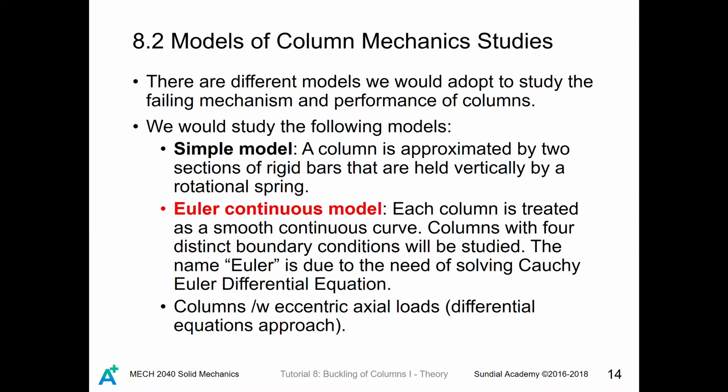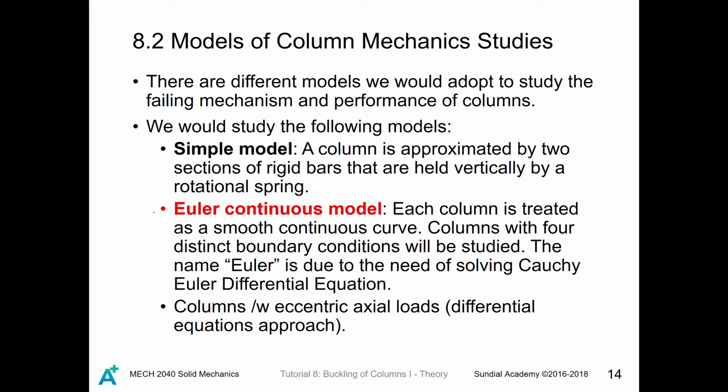So next, let's discuss some models of column mechanics. There are a lot of different models we would adopt to study the buckling mechanism and the performance of columns. So in this course, we cover three models, three big categories. One is the simple model, one is the Euler continuous model, as well as the column with eccentric axial loads.